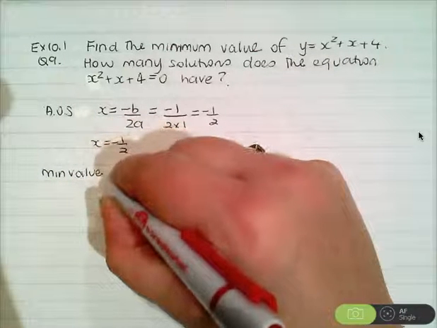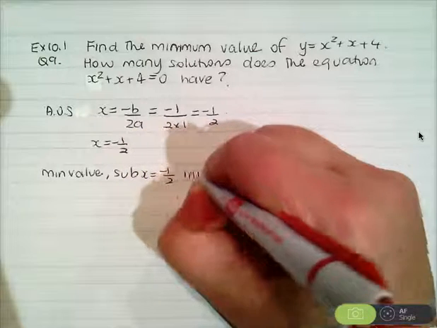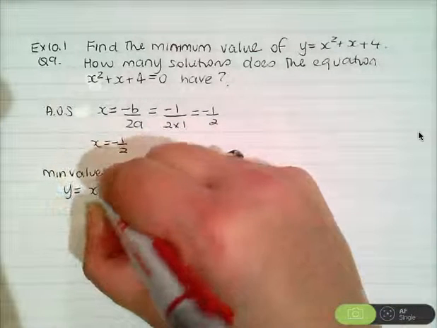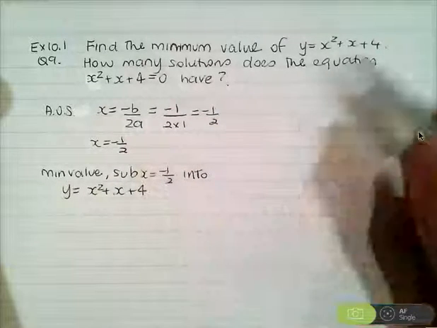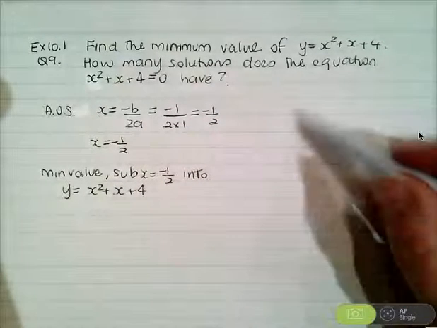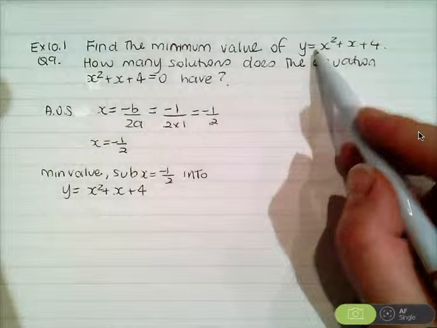To find the minimum value, we will substitute x equals negative a half into y equals x squared plus x plus 4. Now it will be a minimum value because this is a concave up parabola, because the value in front of the x squared is positive.